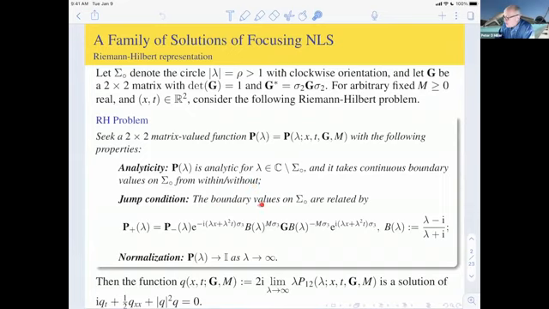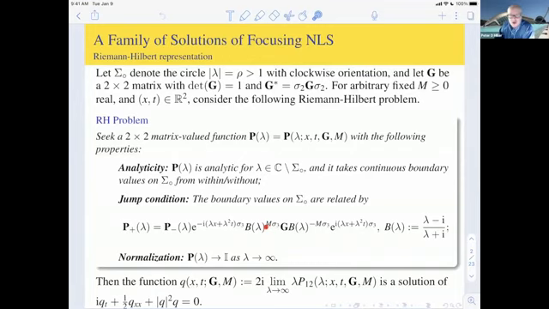And those boundary values are supposed to be related by the following jump condition. So P plus is equal to P minus times this jump matrix, and the jump matrix has the structure that we heard about in the last talk. There are the exponential nonlinear Schrodinger conjugation factors here. There's also conjugation by this Blaschke product, lambda minus i over lambda plus i to the power m sigma 3.